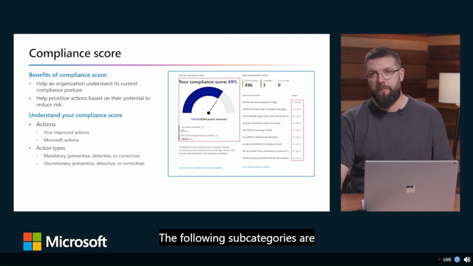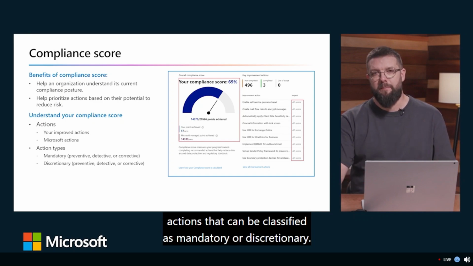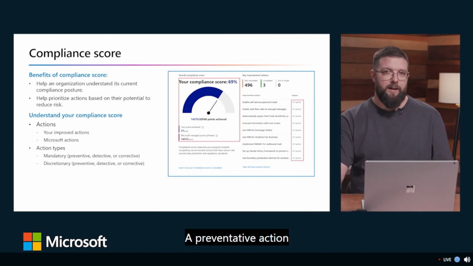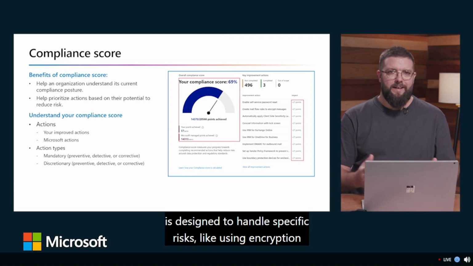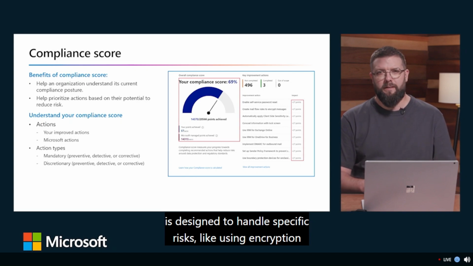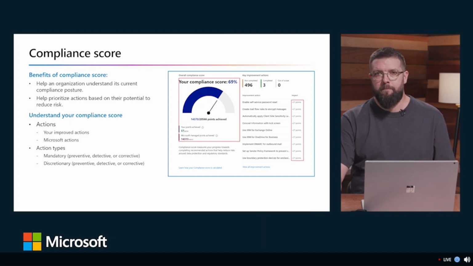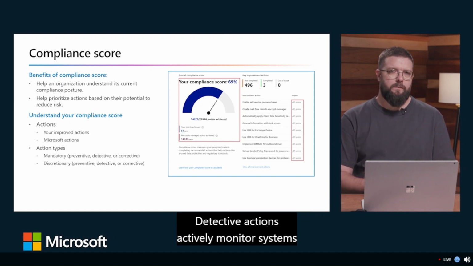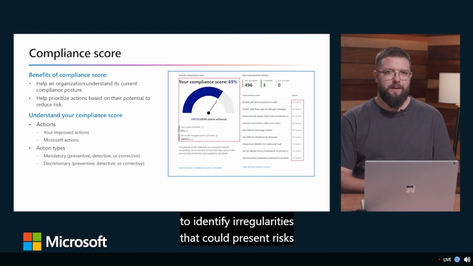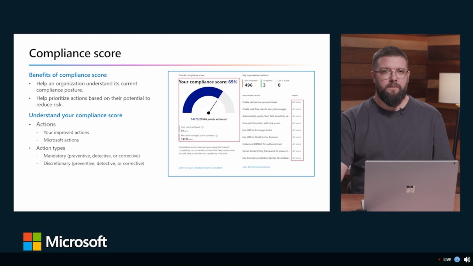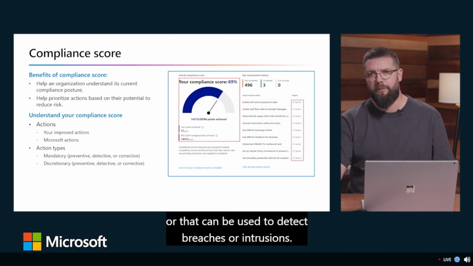So the following subcategories are actions that can be classified as mandatory or discretionary. So a preventative action is designed to handle specific risks like using encryption to protect data at rest in case of breaches or attack. Detective actions actively monitor systems to identify irregularities that could present risks or that can be used to detect breaches or intrusions.